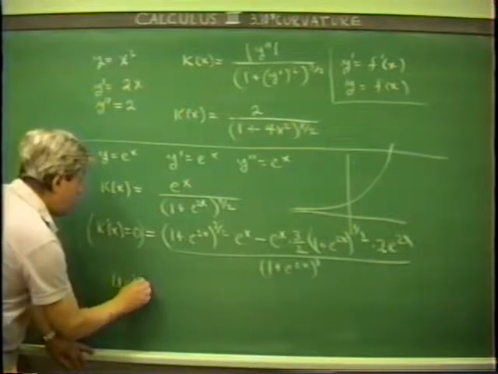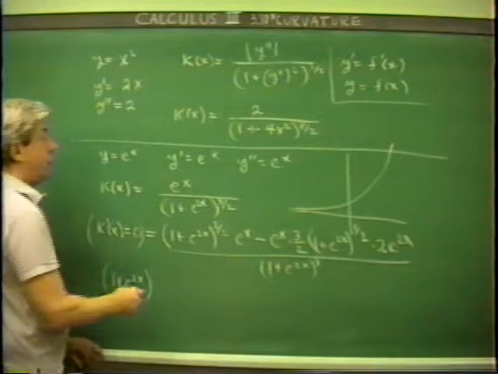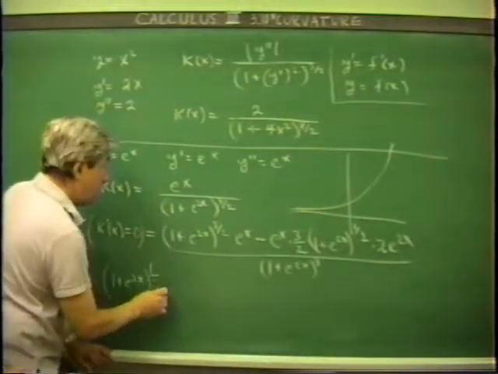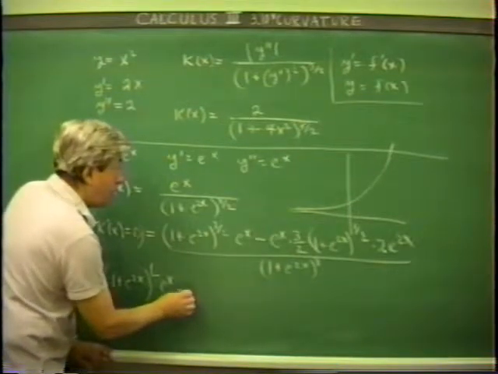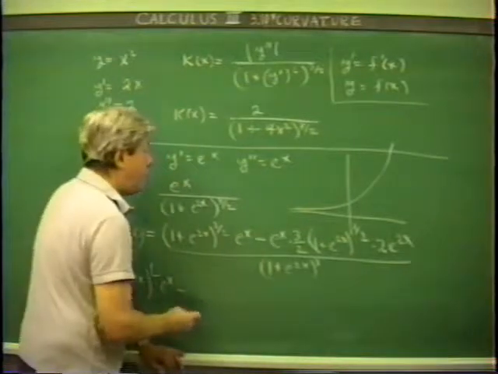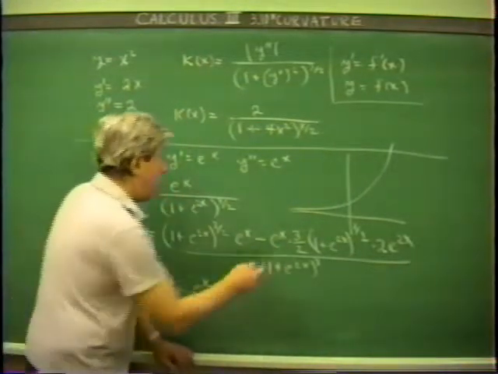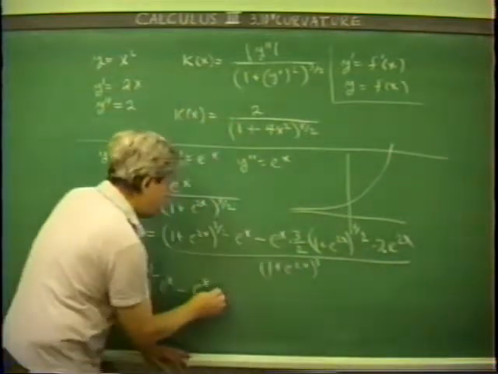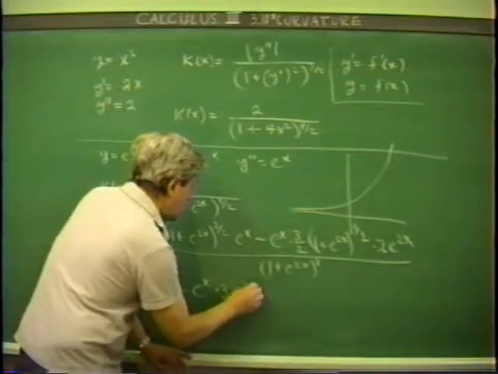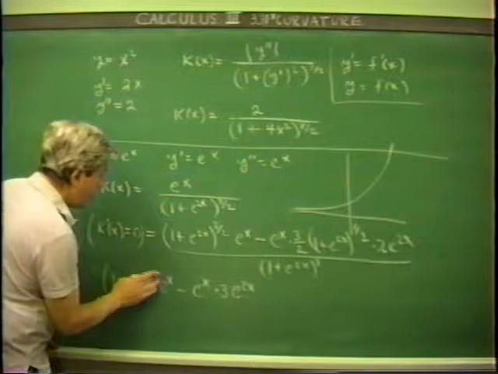And we can also divide through by 1 plus e to the 2x to the 1 half power, since it's positive. And we're going to get 1 plus e to the 2x, to the 1 power, times e to the x, minus e to the x times 3 halves times 2, which is times 3, times e to the 2x.